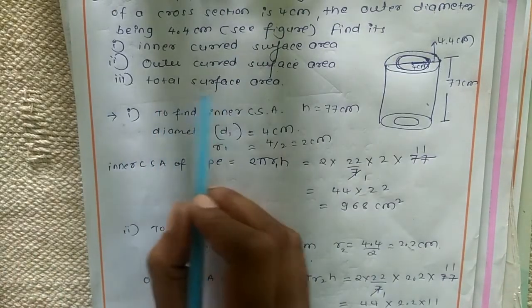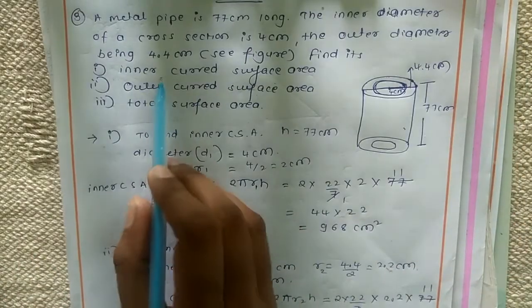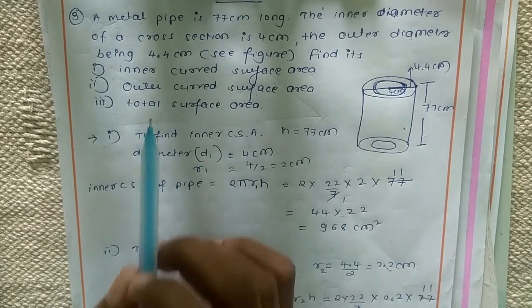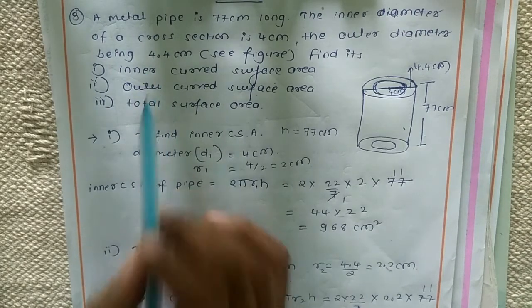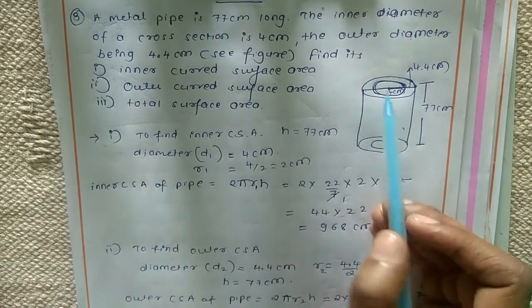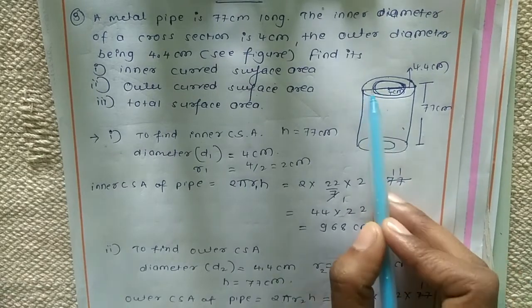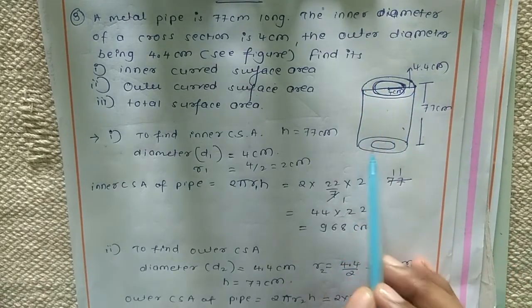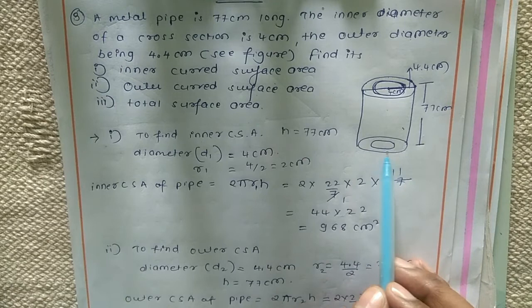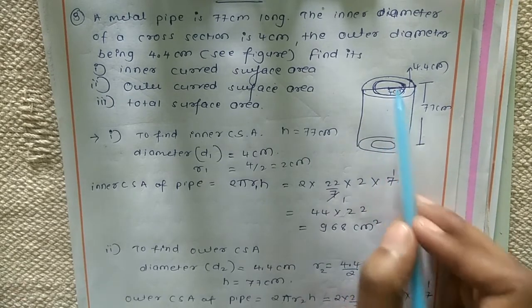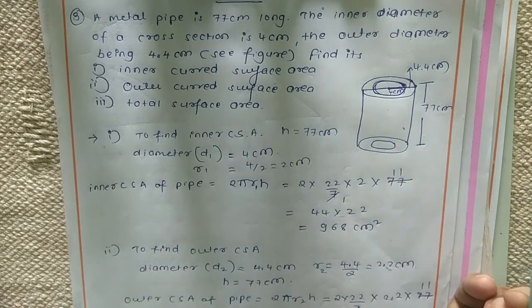Now the third one, total surface area. As they have given inner and outer surface, we need to include inner and outer CSA. Then we have to add the base area. But this is a hollow pipe. A pipe is always hollow.